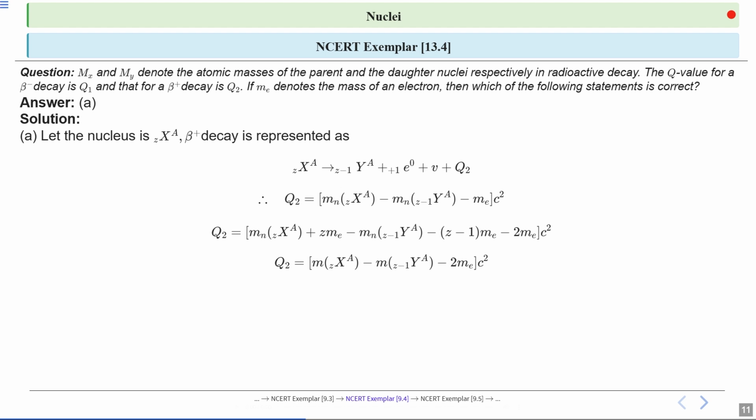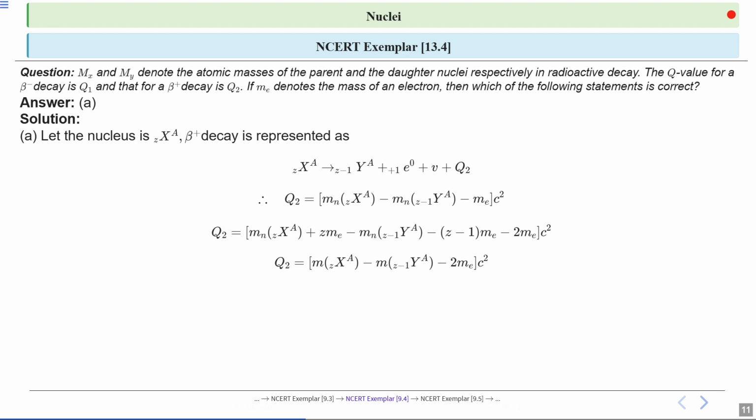So if Z is the atomic number, the number of protons in the parent nucleus is Z, and the number of electrons in the parent atom is also Z. So Z multiplied by the mass of an electron gives the mass of all electrons in the atom.